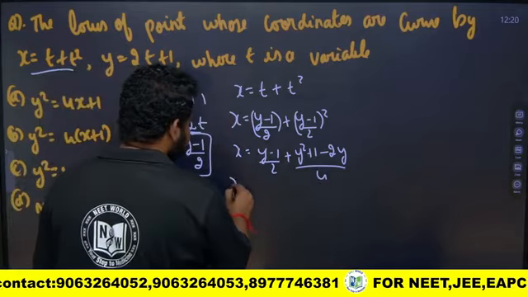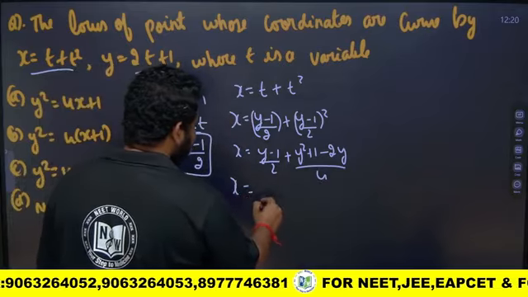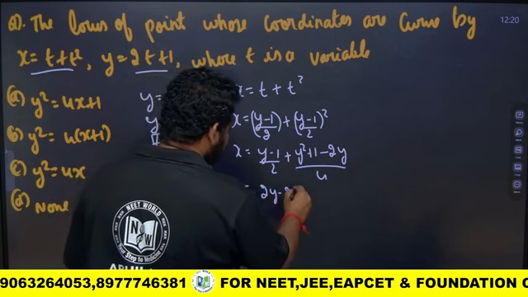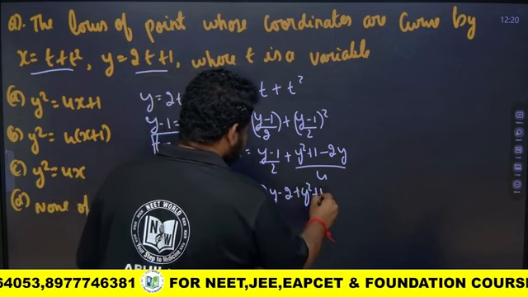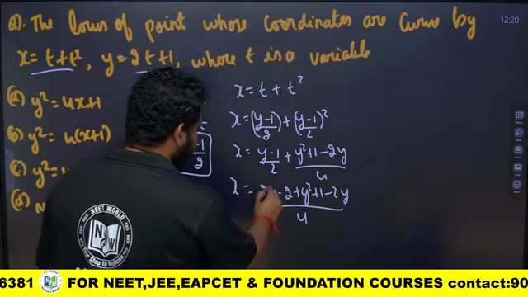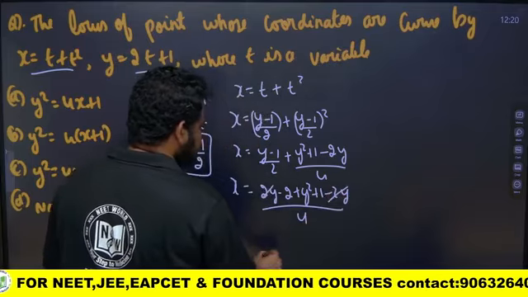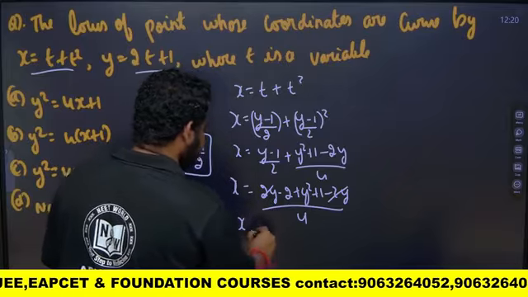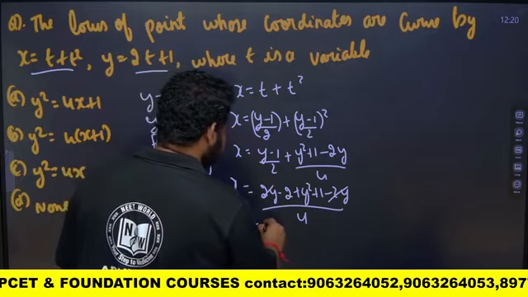Now if I take LCM, it will be 4. This will be 2y minus 2 plus y square plus 1 minus 2y by 4. So 2y minus 2y cancels, so minus 2 plus 1. This will be 4x.